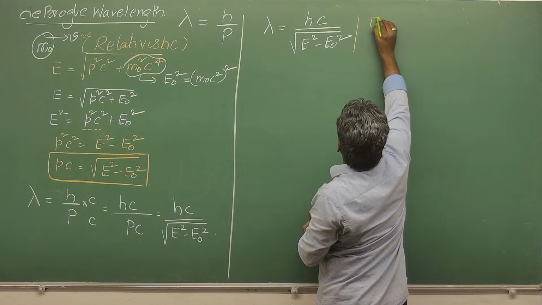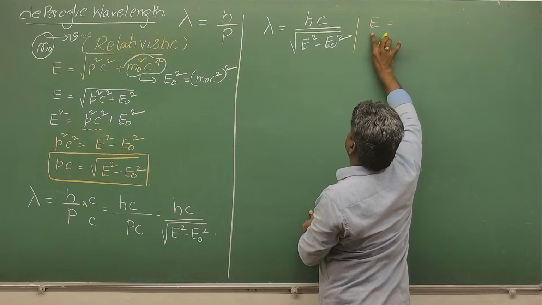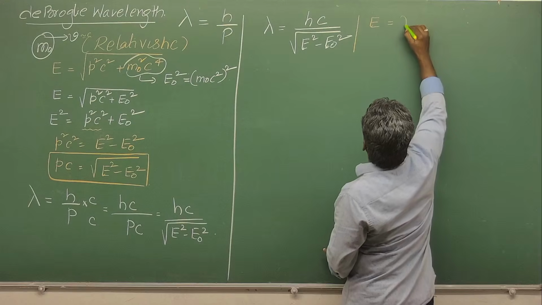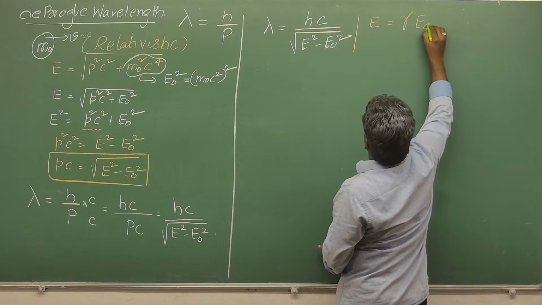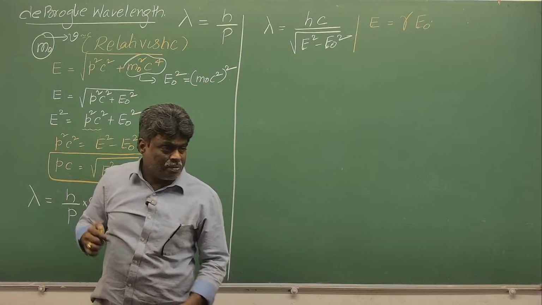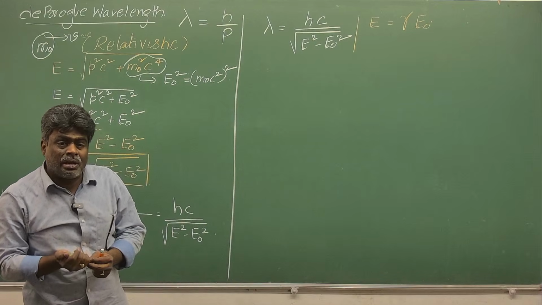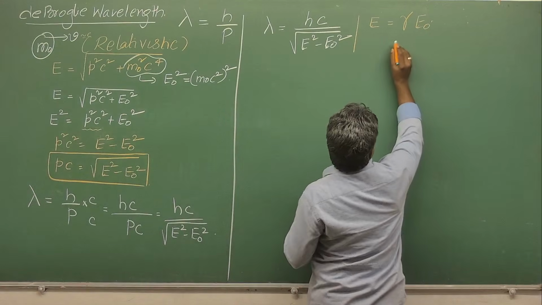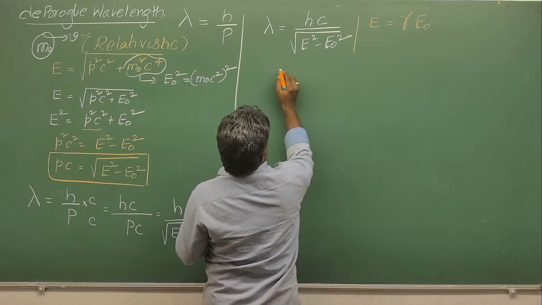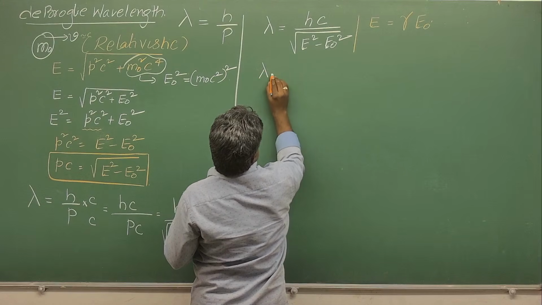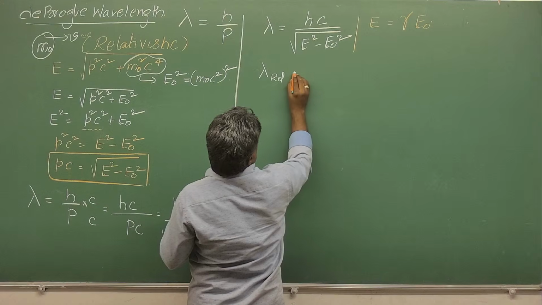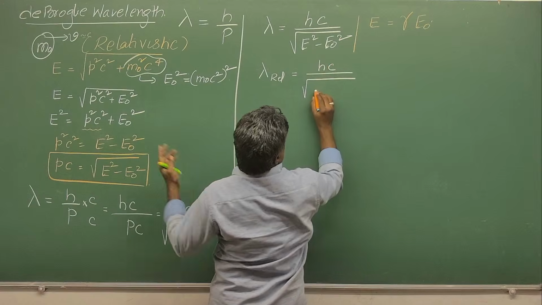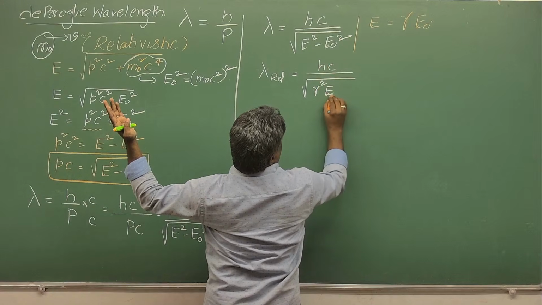And we know one thing. In the last class I explained energy equal to gamma times E0. You remember? Total energy is equal to gamma times E0. Cool. Shall I take it and substitute? hc over the square root of gamma square E0 square.